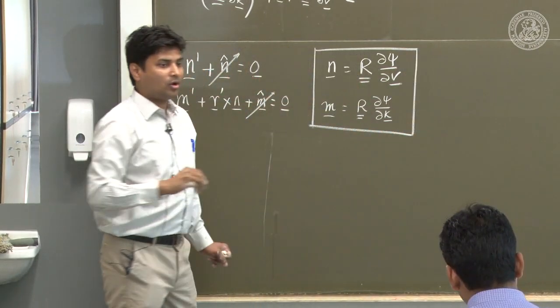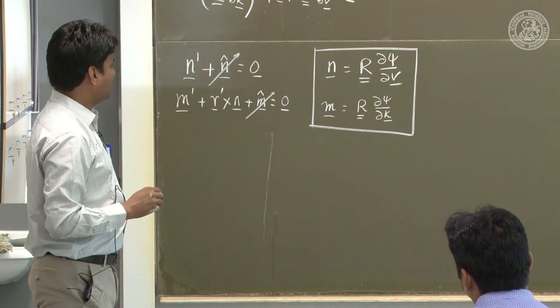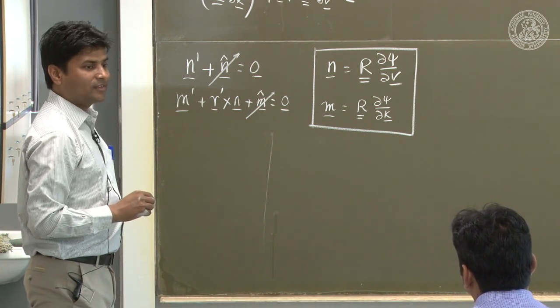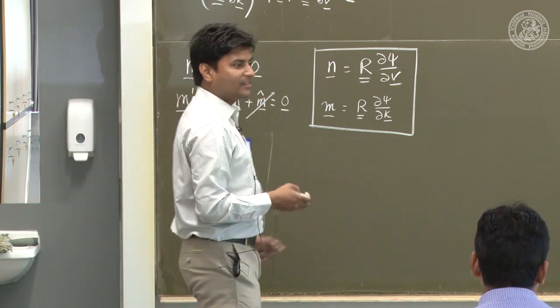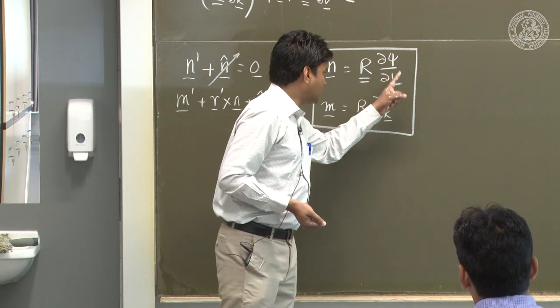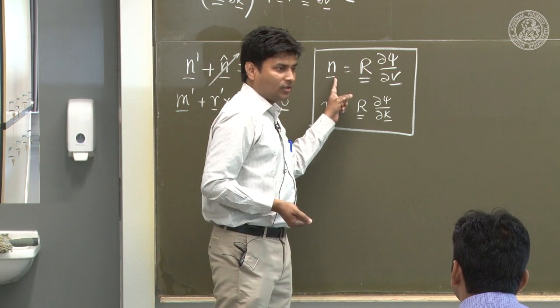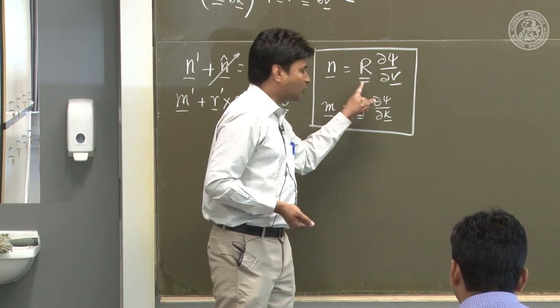But of course, you learned lots of things. So what you see is that you take the derivative of psi with respect to v, you get the forces. Of course, you have to multiply with rotation.